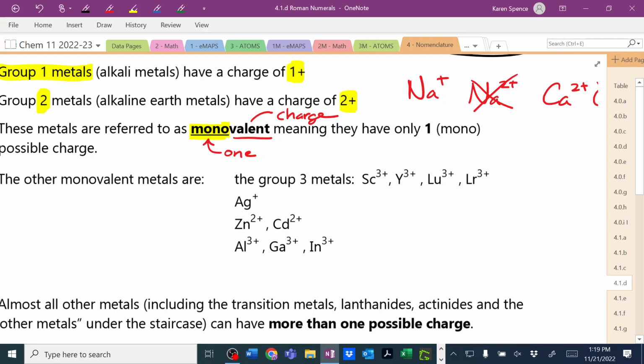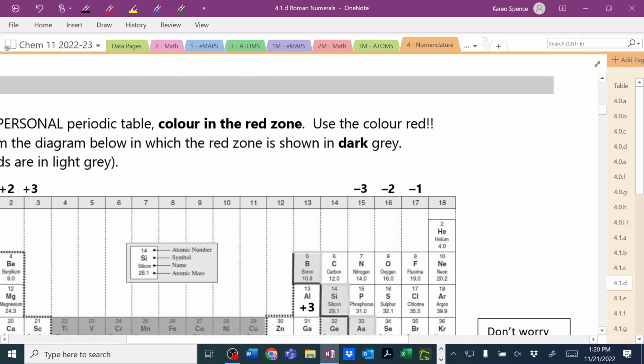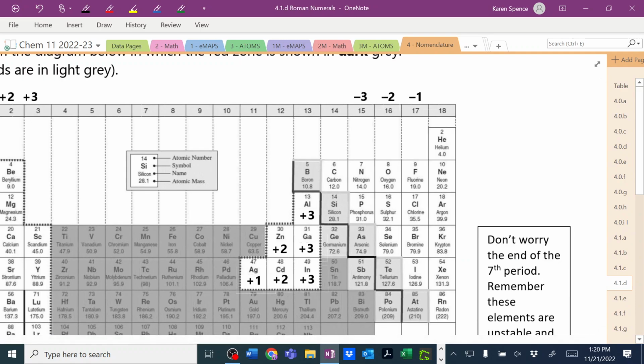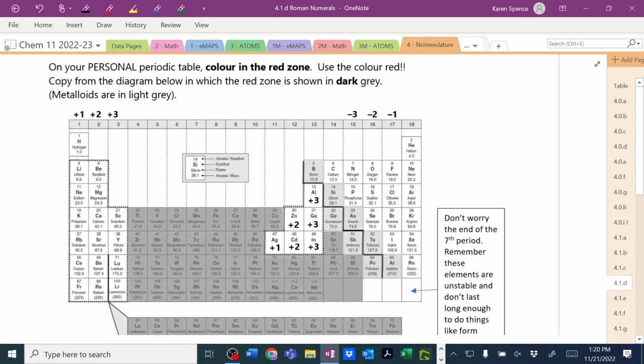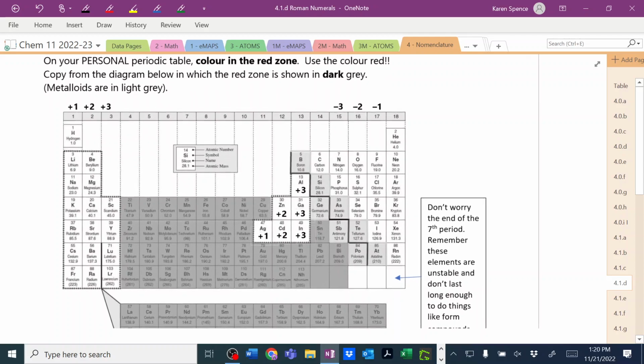And then we have our little, do you remember that little miniature staircase in the middle? We'll pull up our periodic table here and take a look at it. Those are also monovalent. So if we look, actually, maybe it's right here. Oh yeah, it is right here. Now, I think this was for my grade 9s. I actually had them color in.